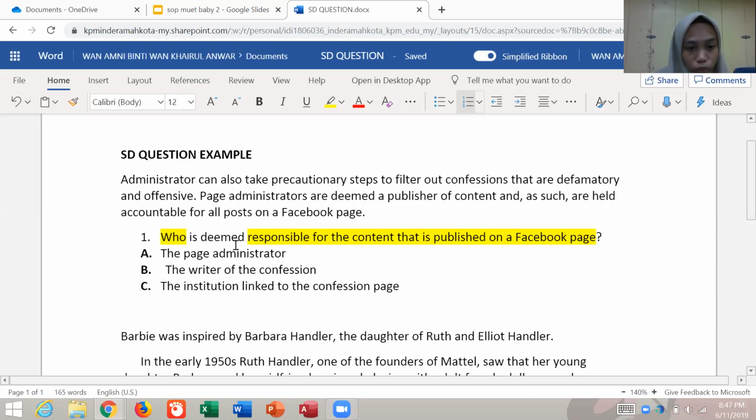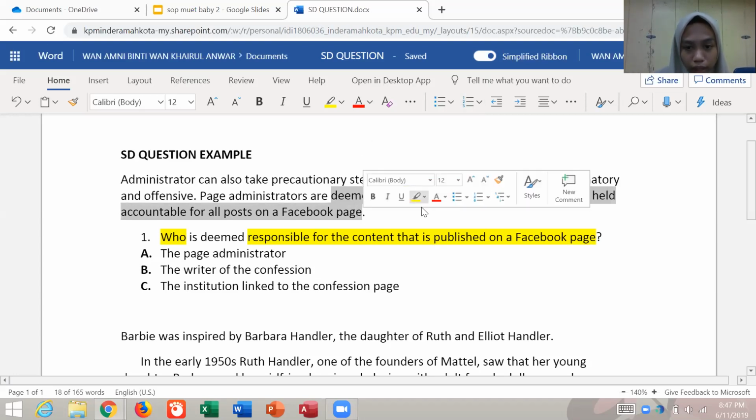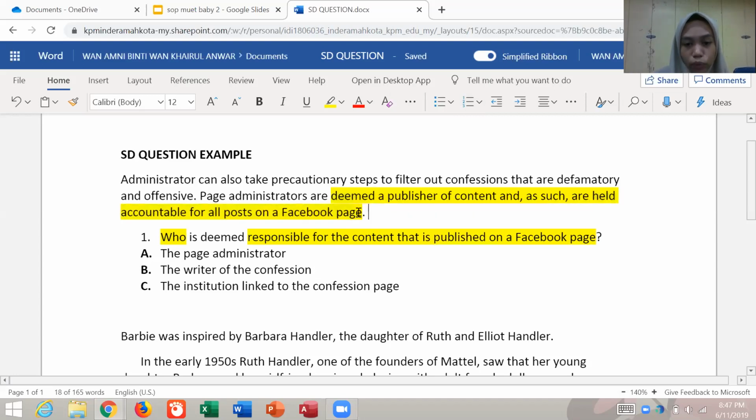So next, we match with the keyword, which is responsible, deemed responsible for the content that is published on the Facebook page. So we can see this in the line, deemed a publisher of content and as such are held accountable for all posts on the Facebook page. Then we highlight it. So we can see that it matches with the question, and the question asks who.